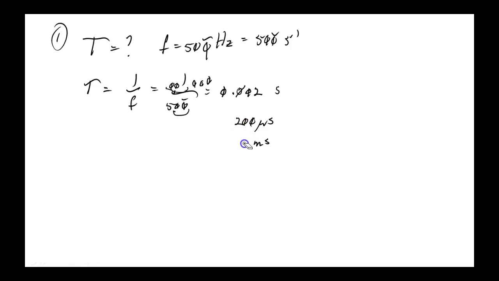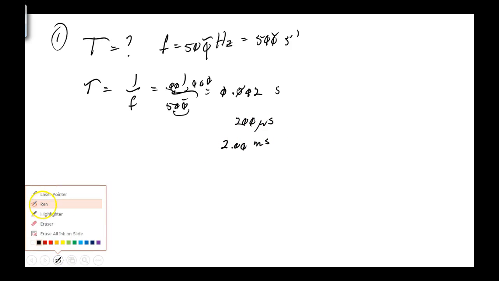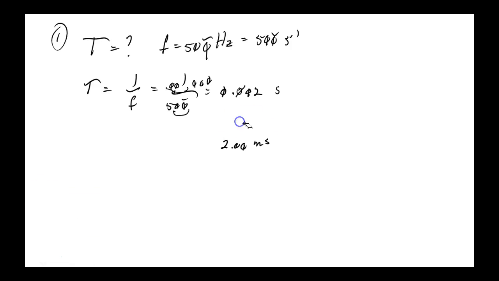And because we have 3 significant digits, that would be 2.00 milliseconds. That would be 2,000 microseconds, which wouldn't make any sense, so we'll take that one out. So either 0.002 seconds or 2 milliseconds. And actually, if you wrote it this way, you should write the extra 2 zeros because we have 3 significant digits.